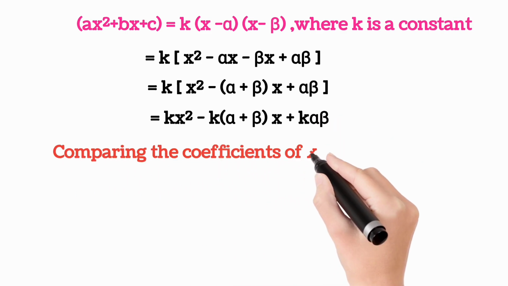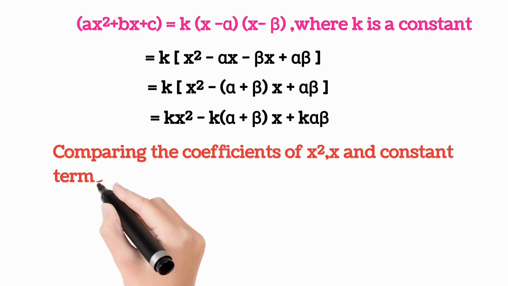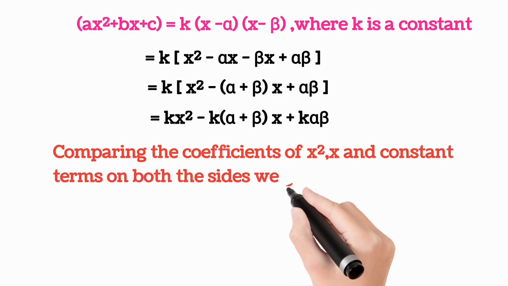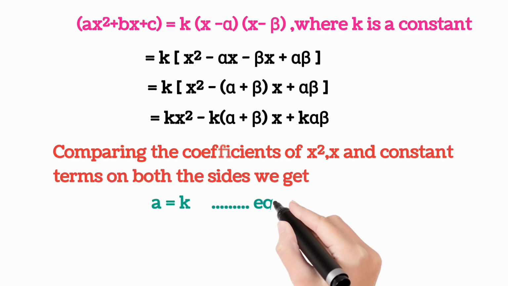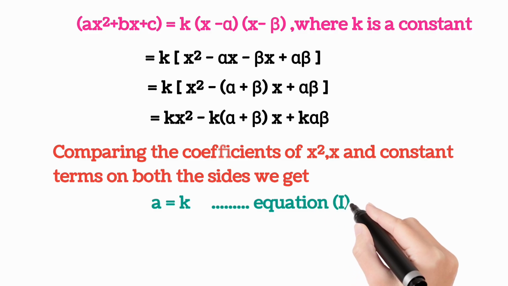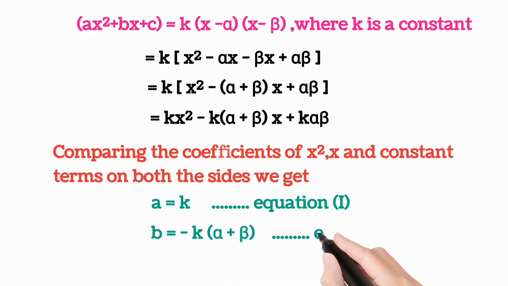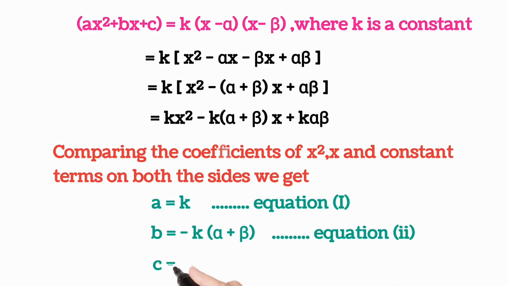Comparing the coefficients of x square, x, and the constant term on both sides, we get a equal to k, that is equation 1. Now b equal to minus k into (alpha plus beta), that is equation 2. c equal to k alpha beta, that is equation 3.